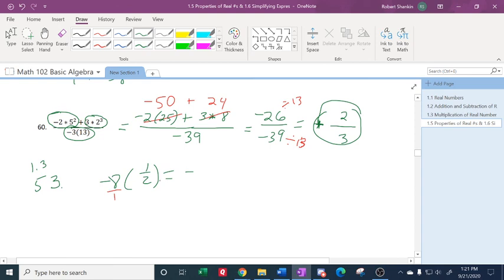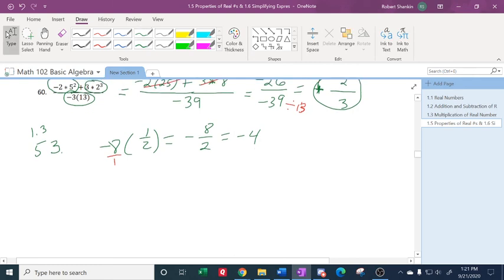But when it's all one term, you don't need to. Multiplying or dividing fractions, you just multiply the tops, multiply the bottoms. But then you have to reduce. 8 divided by 2 is 4. Okay, does that answer your question?